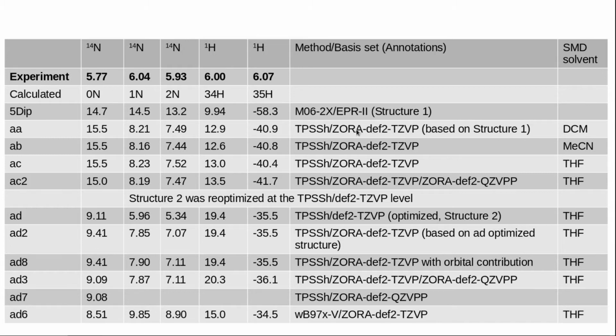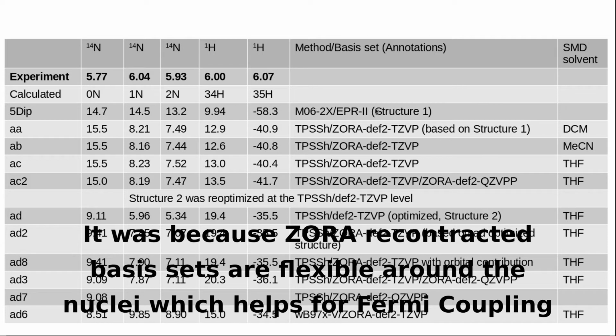SORA is the relativistic approximation for dealing with relativistic effects, which is not really necessary in this system, but well, I'll discuss why I use it. So basically this was the structure that had been optimized at another level of theory.